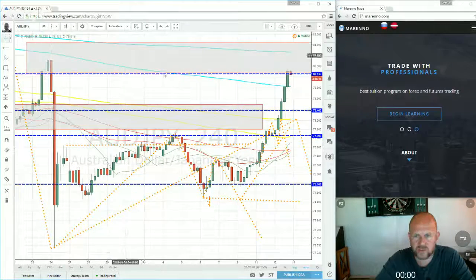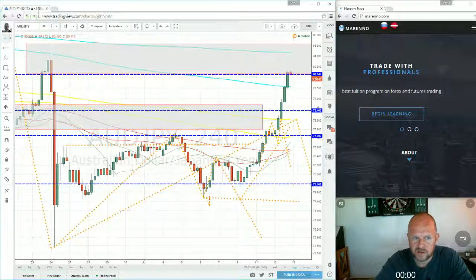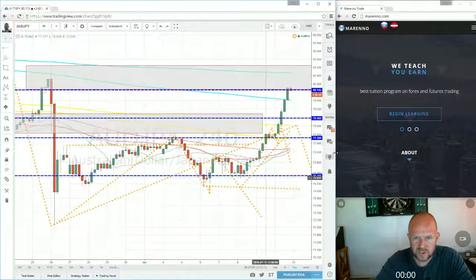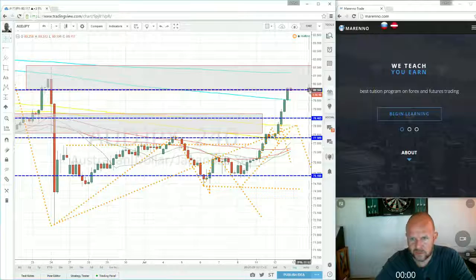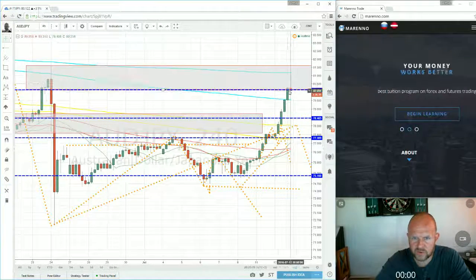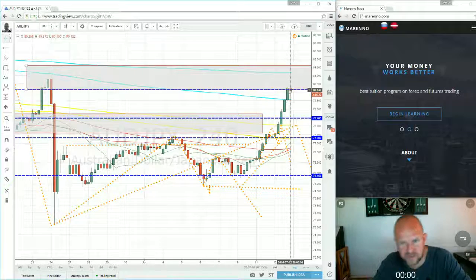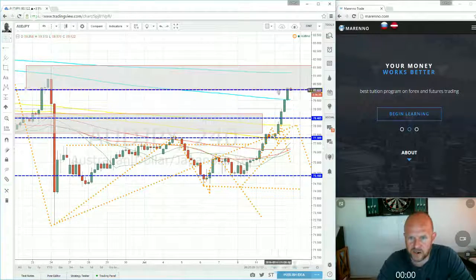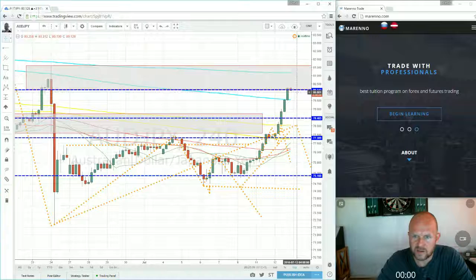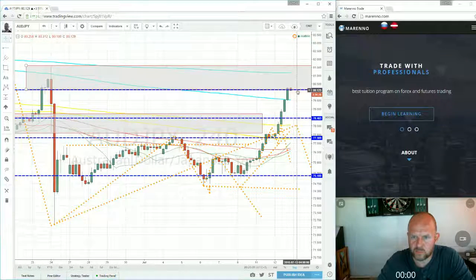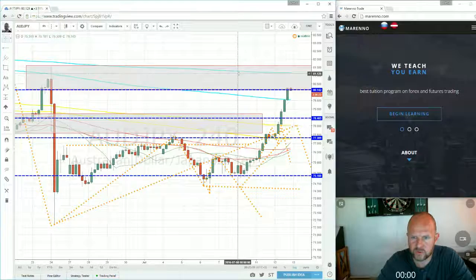Nice one, Aussie yen. We are at a reversal area, resistance area. But the only bad thing about it is that we are at the area of the southern border. So we also have a northern border.